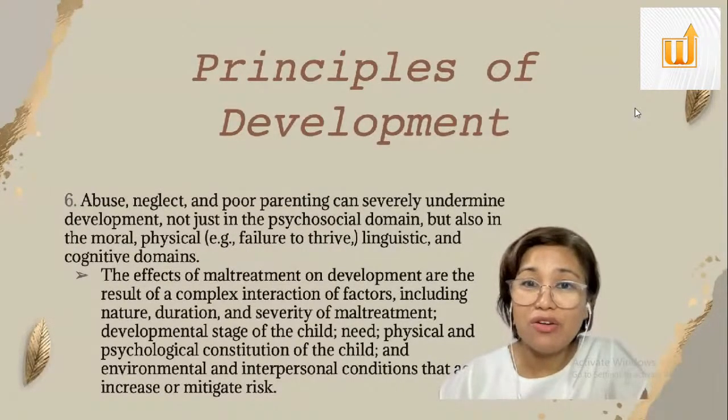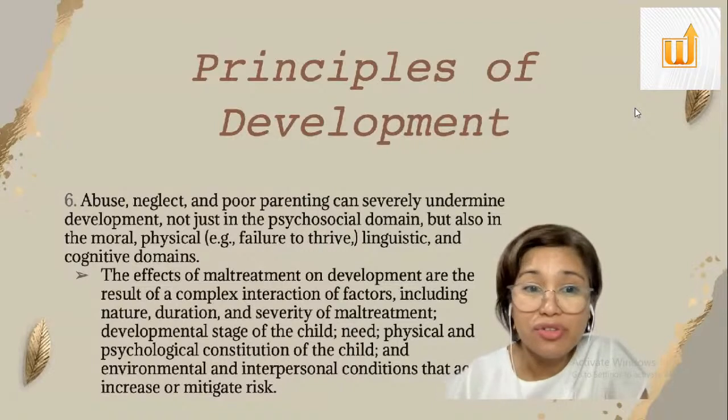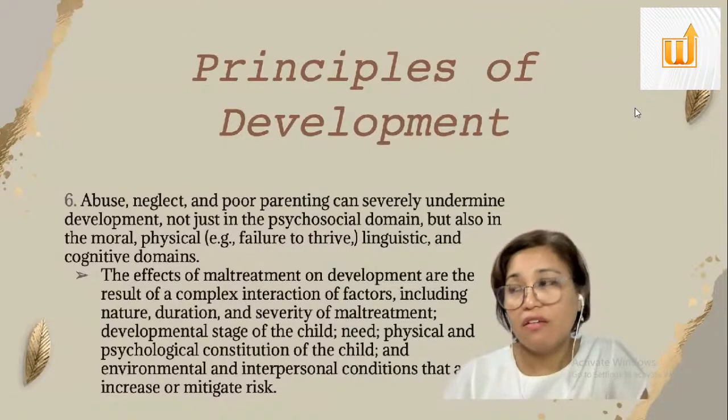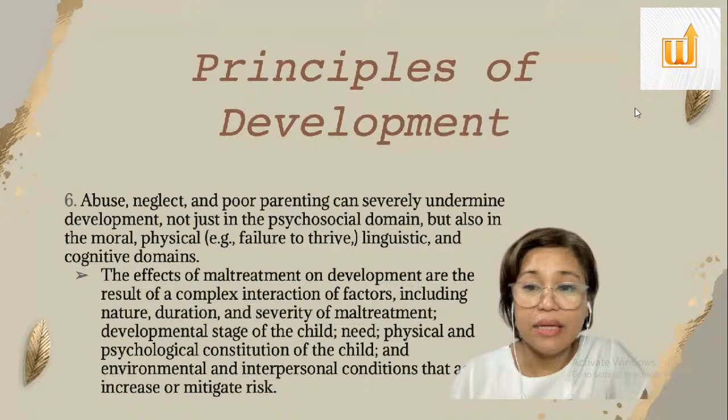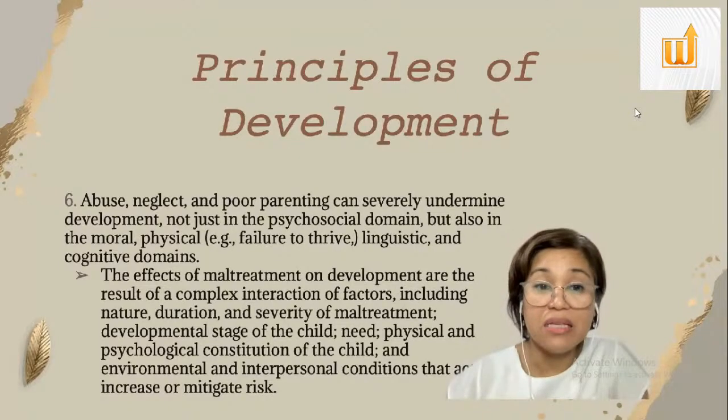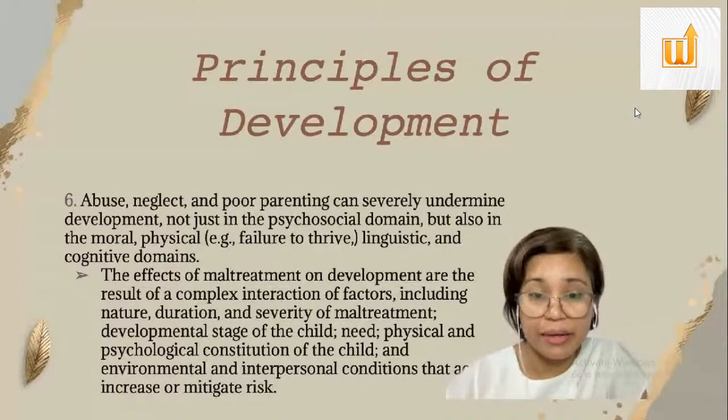Yung physical, yung failure to thrive, you can see it, malnutrition, of course, aside from malnutrition, being underweight, and delayed development may sometimes be an impact of neglect and poor parenting.